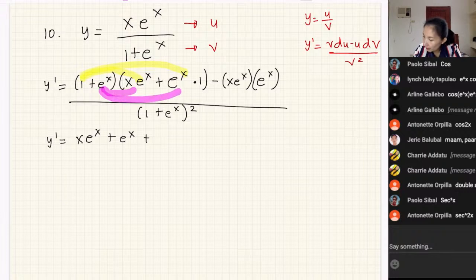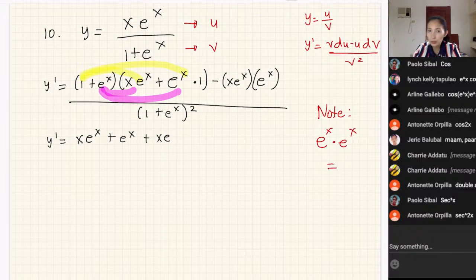What do we get? Plus x e raised to, note, e raised to x times e raised to x. What is it equal to?